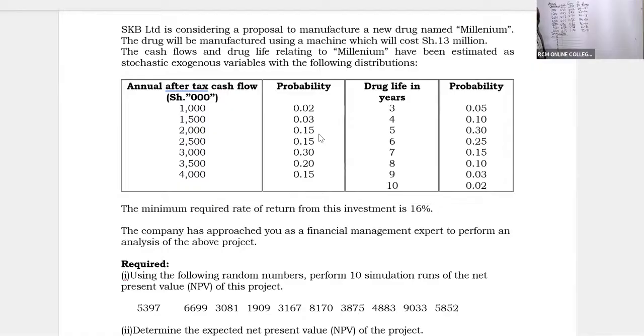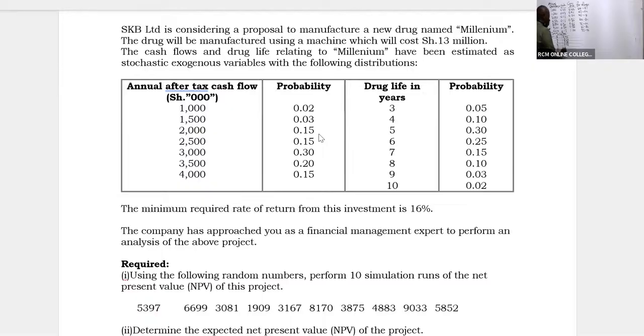So I can see 0.05, 0.10, 0.30. After that, I can see 0.25. After that, I can see 0.15 again.